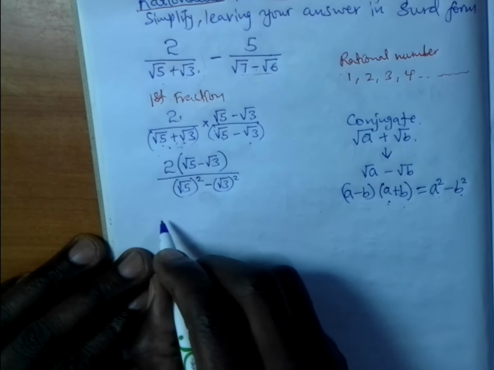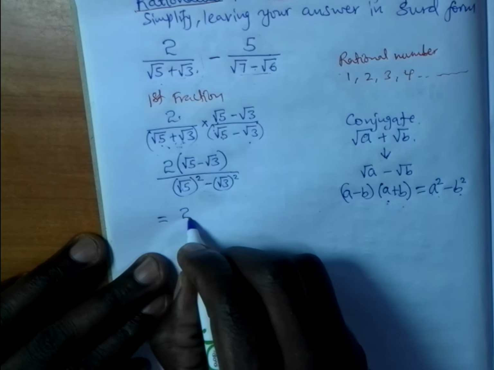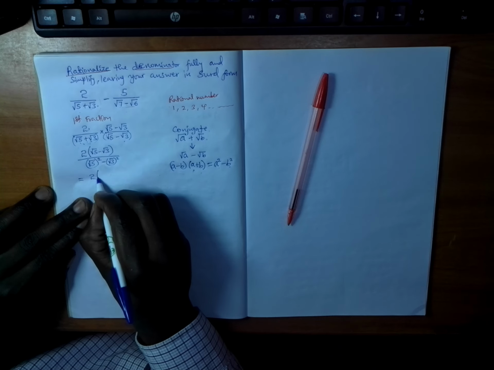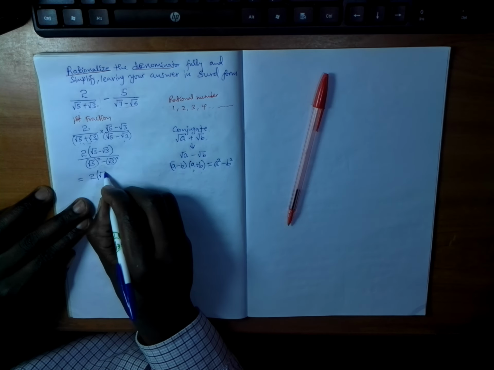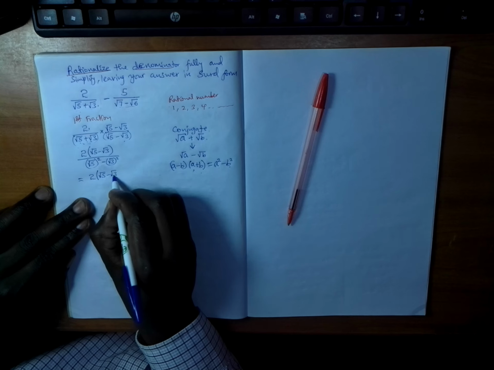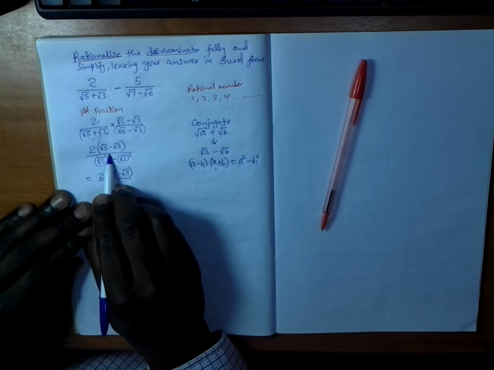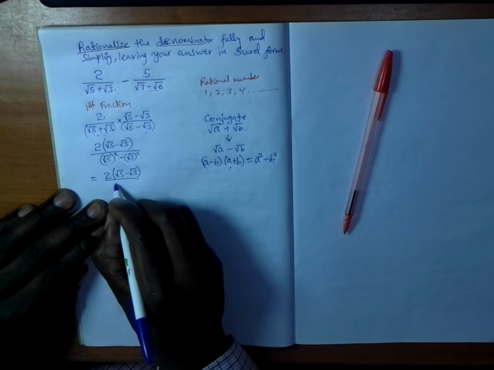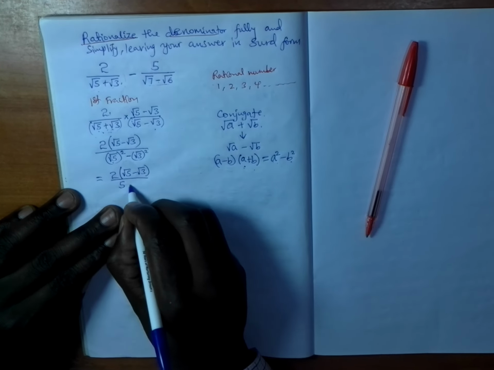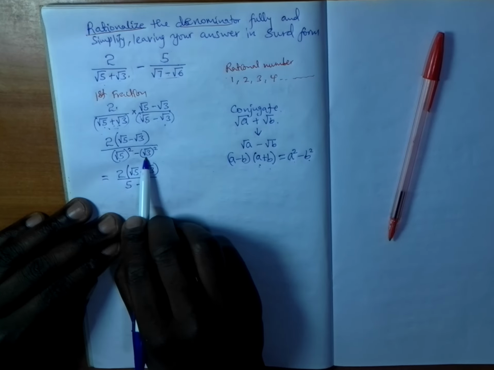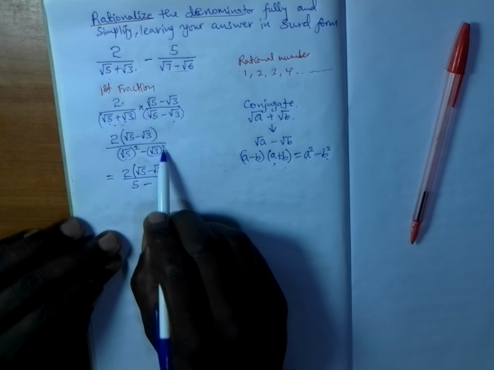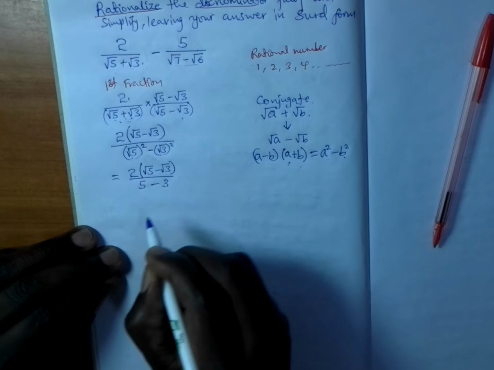So we end up getting 2, open the bracket, root 5 minus root 3 all over root 5 squared is 5 minus root 3 squared, we get 3.